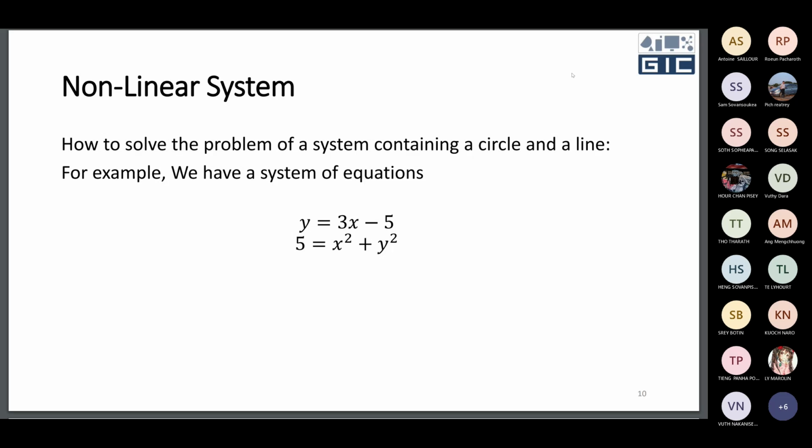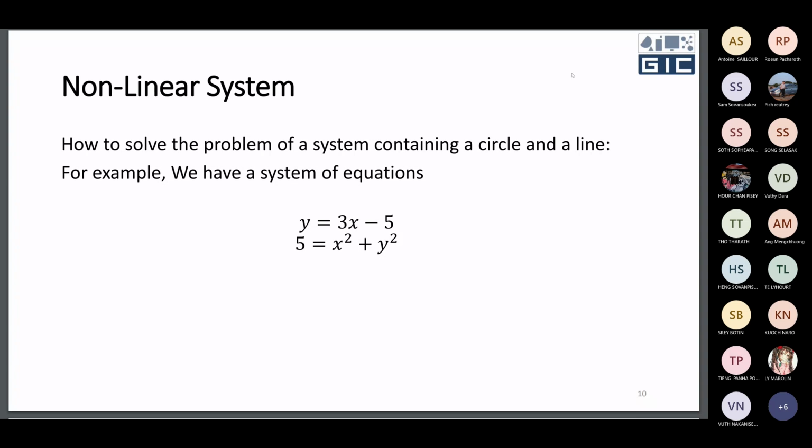You see that x squared plus y squared equal to 5. It is a circle equation. So how can we solve the problem? The solution is the same. The first equation already gives the value of one variable as a function of the other variable. You just replace y in the second equation by the other.